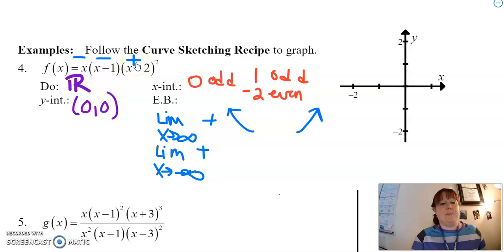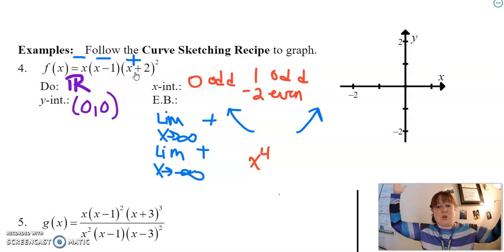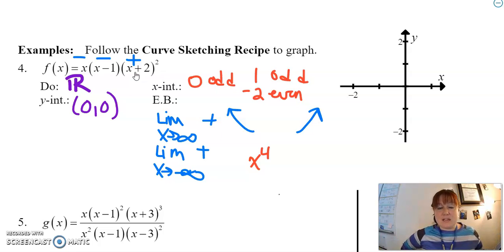Well, it has an even degree, because x times x times x squared would be x to the fourth. So x to the fourth is the main piece. Remember, x to the fourth is even, therefore its end behavior is even. That's why it's either going to go like this or like this, and because we just checked, it goes up. When x gets really, really big, it gets really, really big, positive.